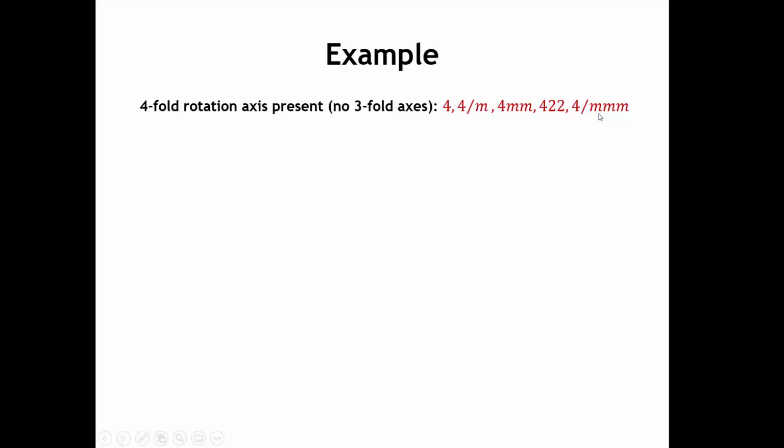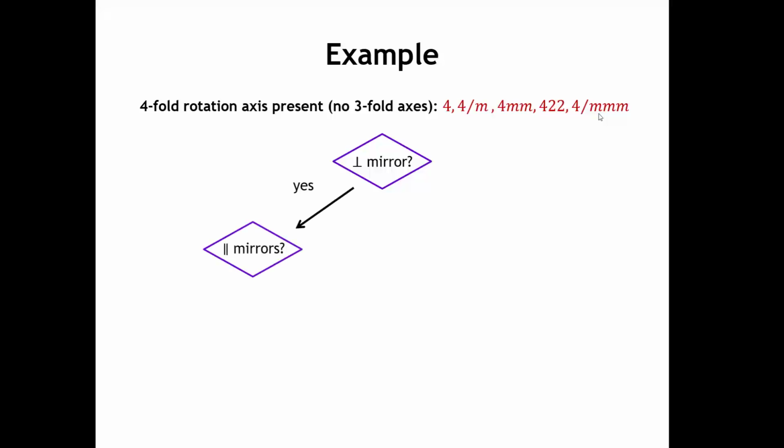These are the tetragonal point groups. First question we're going to ask, is there a mirror plane perpendicular to the 4-fold axis? If the answer is yes, then we say, are there mirror planes that are parallel to the 4-fold axis? If the answer is yes, then the point group is 4 over MMM.